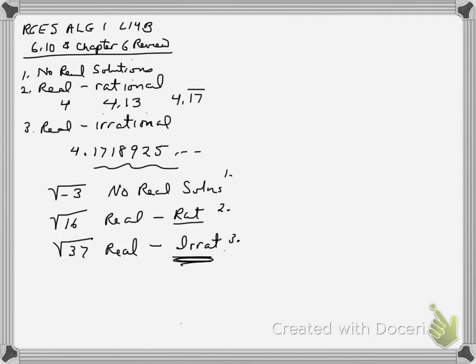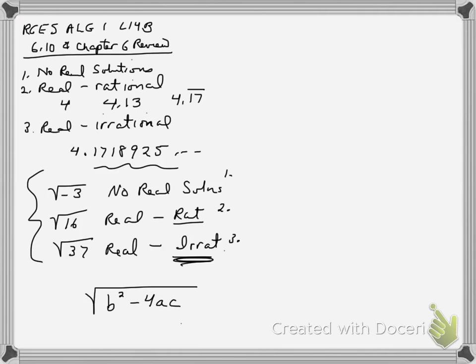And recall that the way we do that is we only solve part of the quadratic formula, the part under the radical sign, because that's what we're caring about here. The part under the radical is called the discriminant. It's found by b squared minus 4ac.